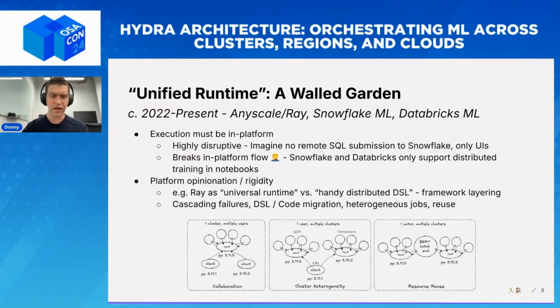And I'll call out that one of the maybe not so intuitive implications of this is that because you're running all of your machine learning code on a Ray cluster or a Spark cluster, the use case of having multiple different clusters within the same workflow is not directly supported.